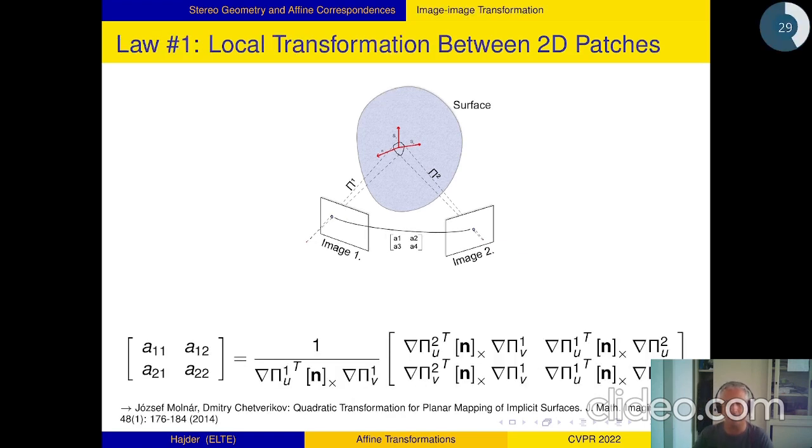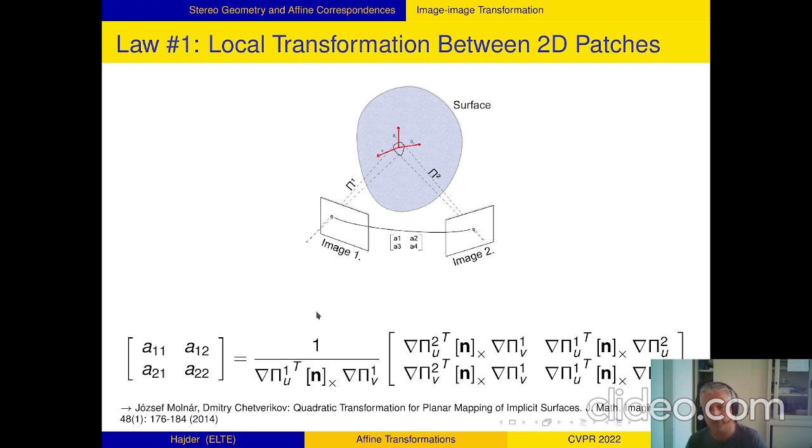Okay, and the researchers proved that there is a general relation for the affine transformations which connects the surface normals. It's very important. This is the most important law.